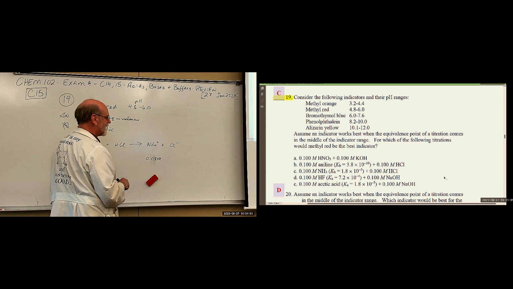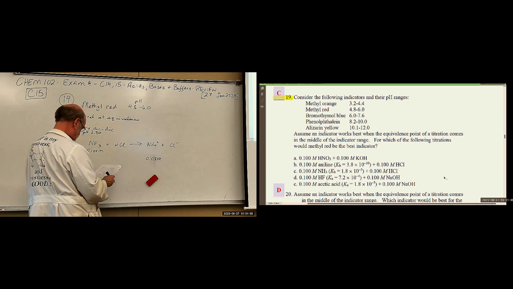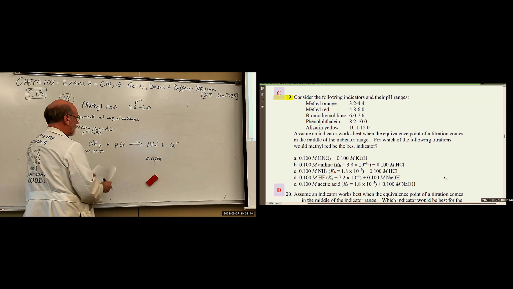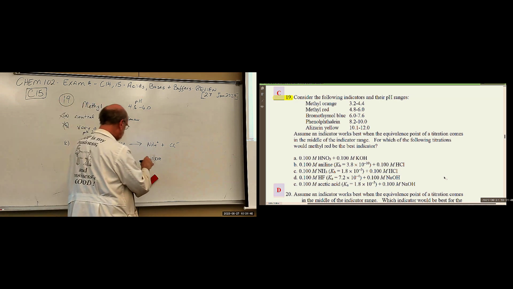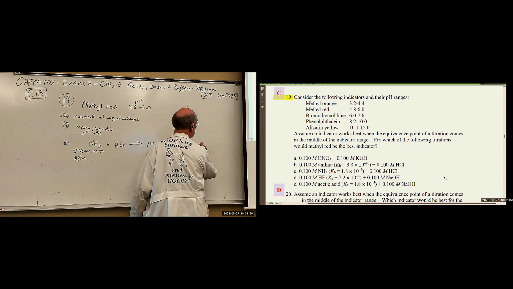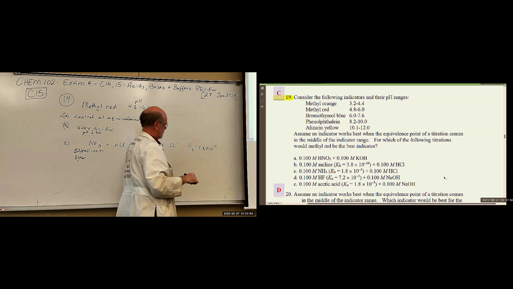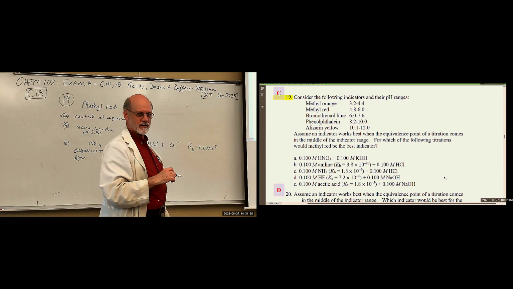And the Ka, let's see, is there a better way to do this? No, we would have to do that. The Kb for this one is equal to 1.8 times 10 to the minus 5. That looks familiar. That's the same as the Ka for acetic acid.